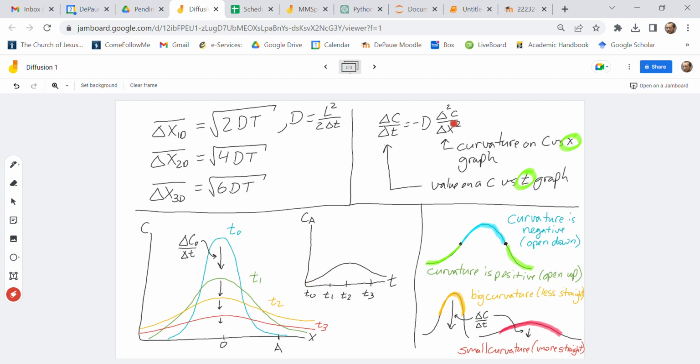But then at T1 I get right there, and I get a larger value. And at T2 I get an even larger value. But as it starts to spread out, this gets flatter. And assuming we have a huge container where we put the ink in, it's going to get really small. You're going to spread all this ink over the entire thing so it's not big anywhere. That means it's got to get smaller again.